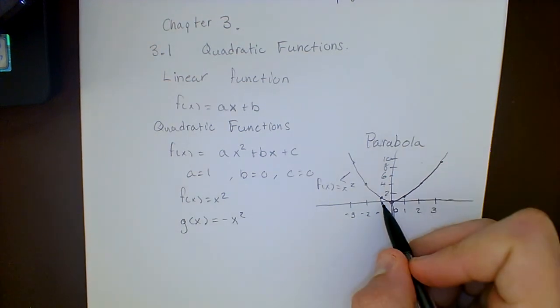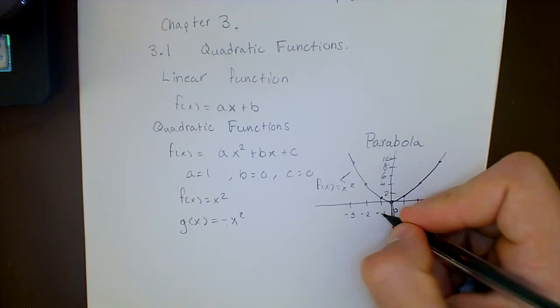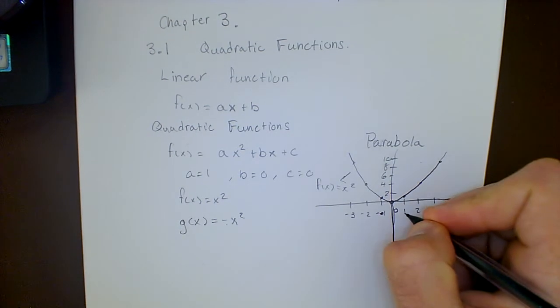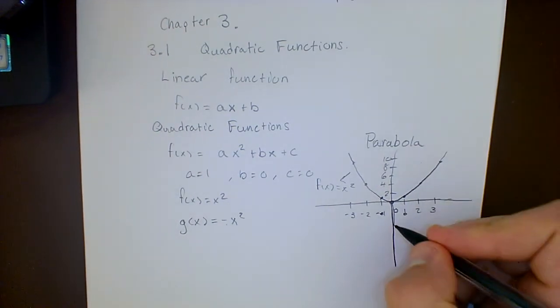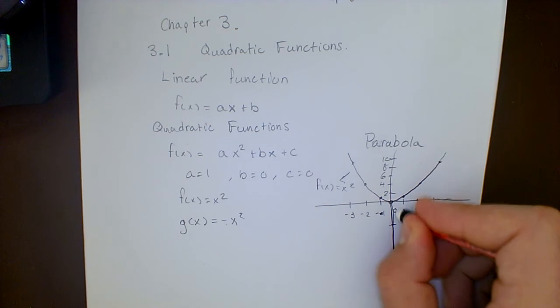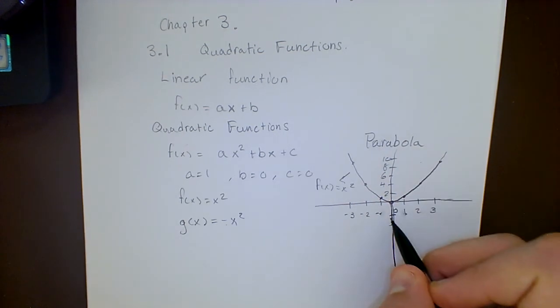But if I take negative 1 and square it, that's 1, and then if I negate it, you get negative 1. Hold on. Let me draw my numbers here before I get carried away.